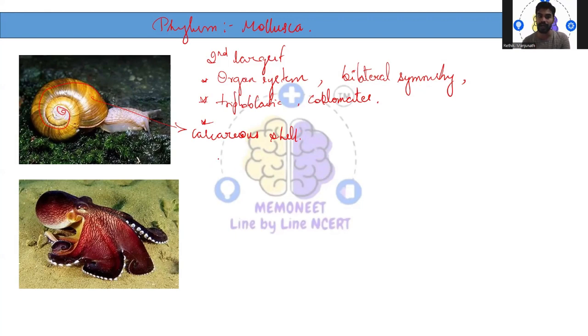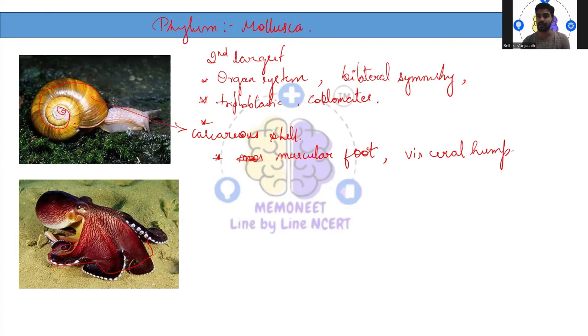They have a muscular foot, and a very smooth, slow locomotion will be observed. They also have a visceral hump.